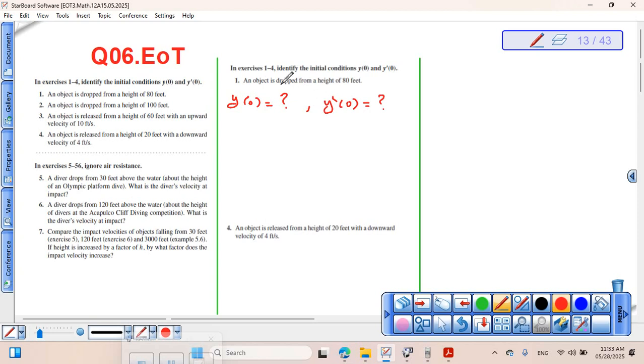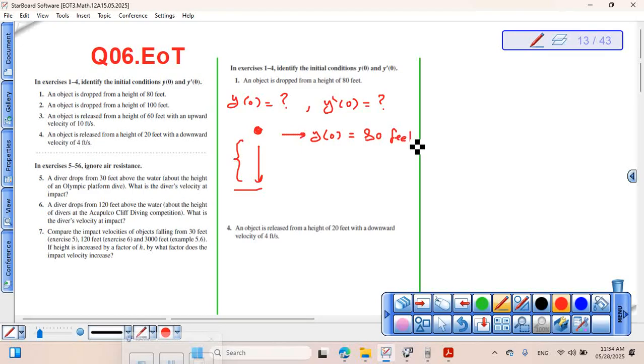We have an object dropped, maybe a ball, any object, going down from this height. This is y prime. Here, y at 0 in the beginning is 80 feet.